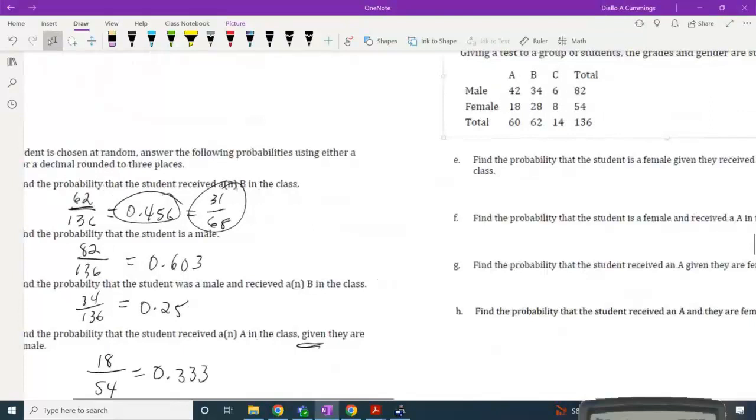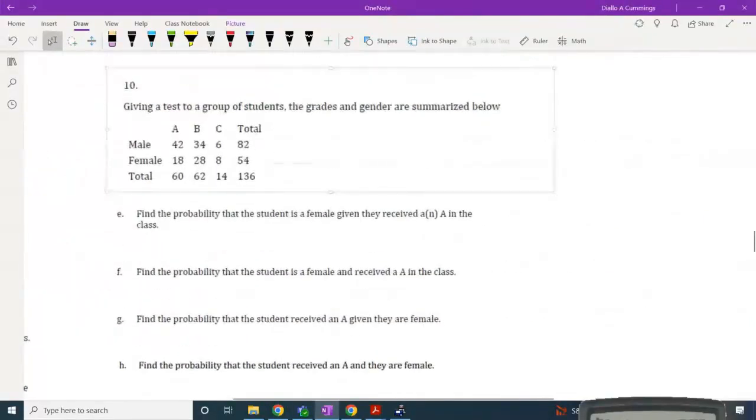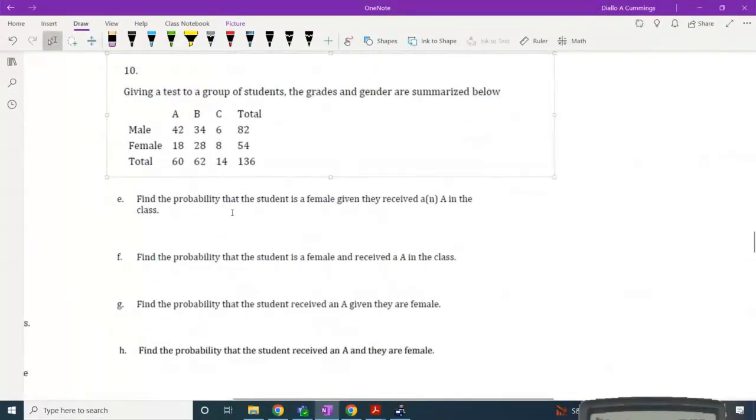All right, so let's look at E through H. All right, so E says find the probability that the student is female given, so that's that restricted denominator again, given that they received an A. So what is our denominator? Well, it says given they received an A in the class.